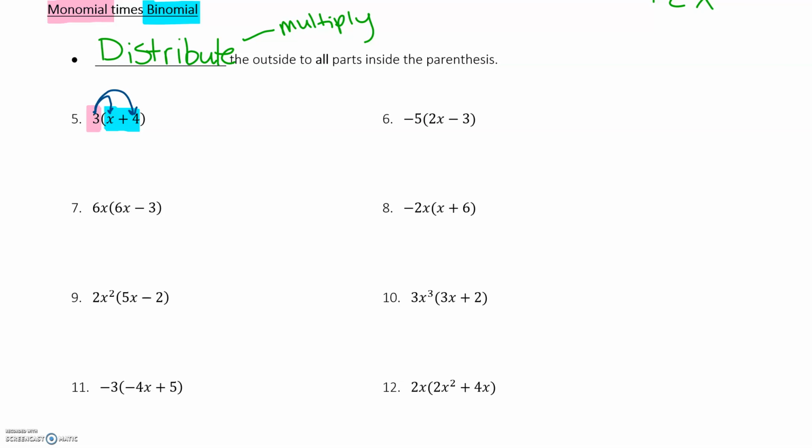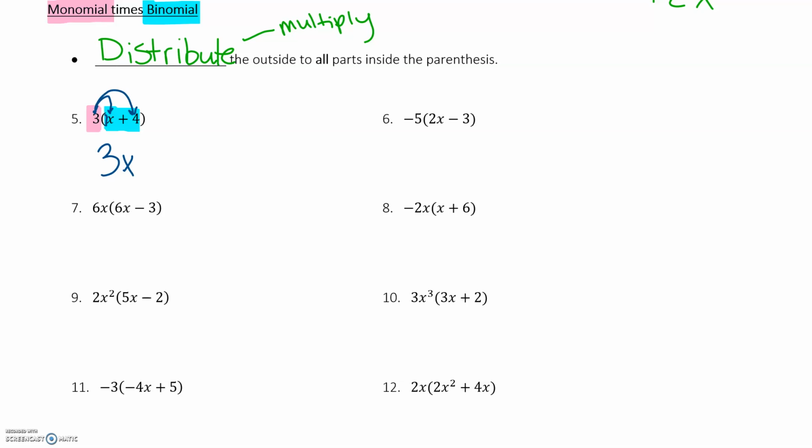So 3 times x. Now we didn't really talk about this yet, but what's the coefficient in front of the x? It's a 1. So 3 times 1 is 3, and x times no other variable is still just going to give me that x. Essentially, if you have a coefficient and a single variable, you can kind of just smush them together and write them as one piece, 3x.